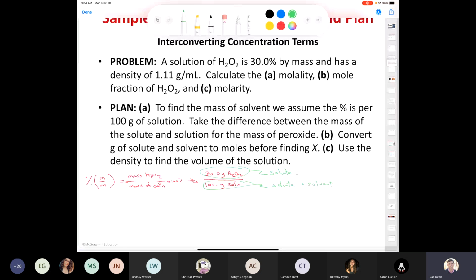So if we only want the mass of the solvent, we're going to say mass of solvent is going to be equal to 100 grams, subtract 30 grams. I had an extra 0 there. All right, so that's going to give us 70 grams of our solvent.